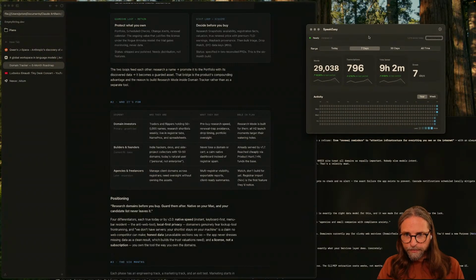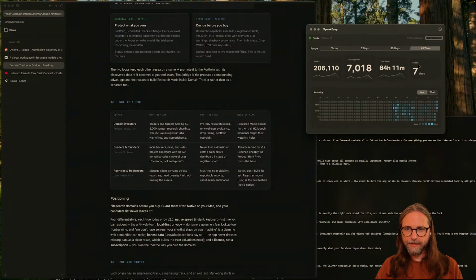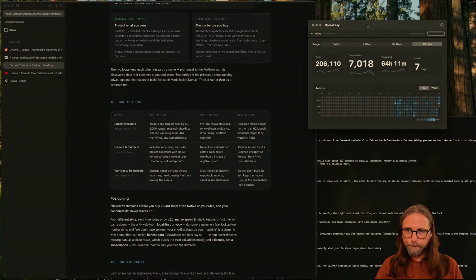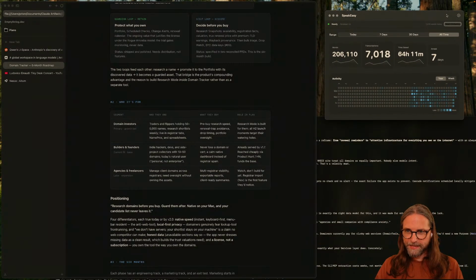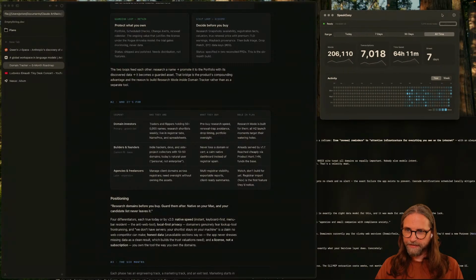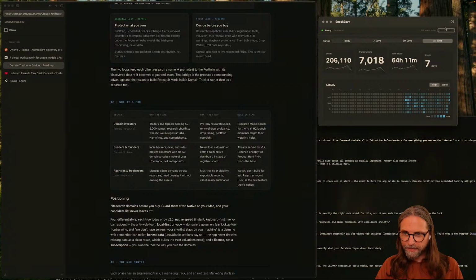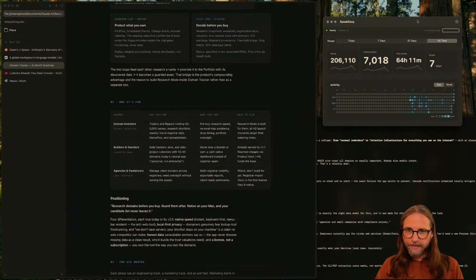Nice. Oh wait, how did my streak... Oh, my streak's only 7 days, but all time is much more. Lots of stuff that I built for Liquid Glass on Tahoe has little weird UI glitches on Sequoia, which is kind of annoying.